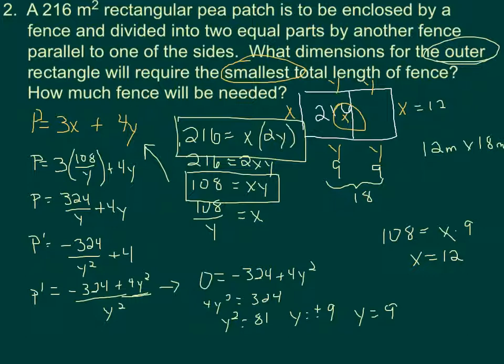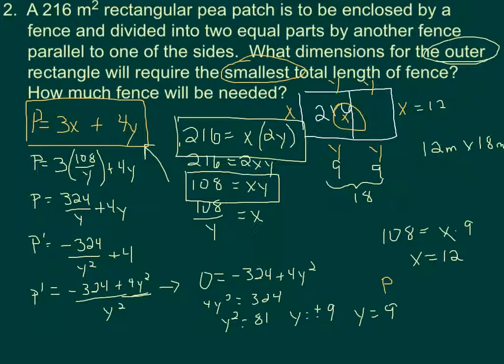And yes, I'm out of room, so I can't do it, but I do expect you to write a sentence. The dimensions for the outer rectangle with the smallest total length of fence would be 12 meters by 18 meters. And then how much total fence would be needed, that's when we'll come back and use our primary equation and plug all those numbers in.